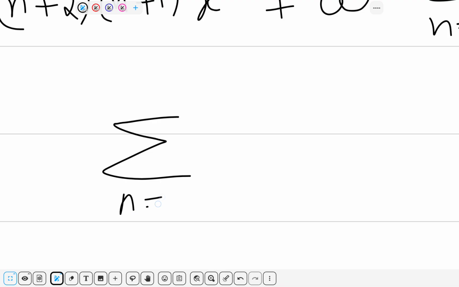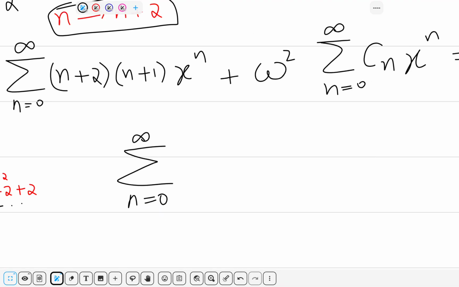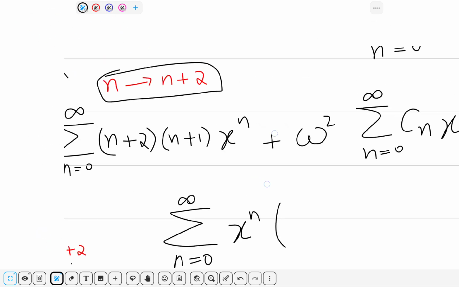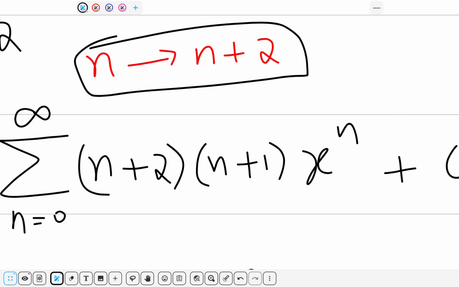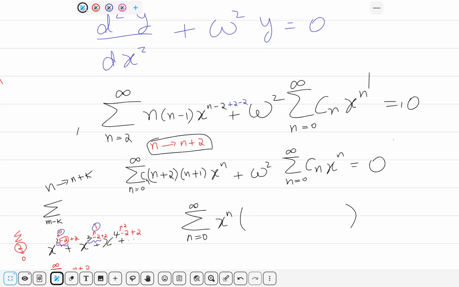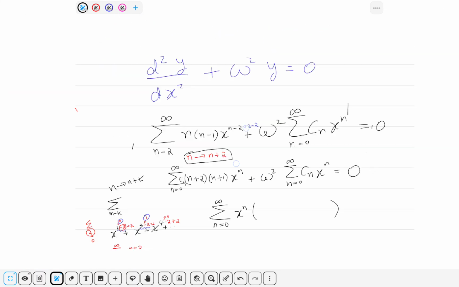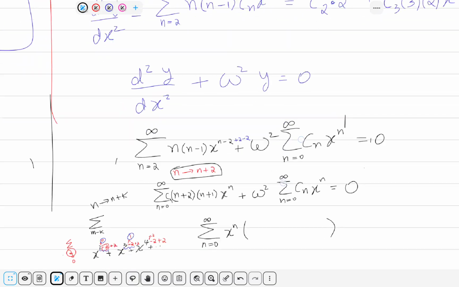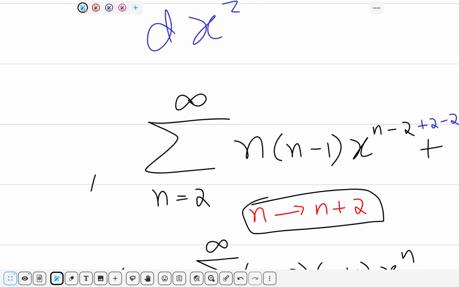So finally, I can take x power n common. Oh yeah, this should be cn. Let's see, will cn be here? Oh, I shifted n by n plus 2 everywhere, right?